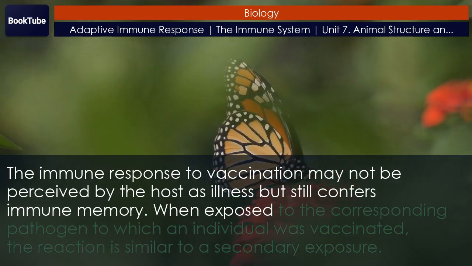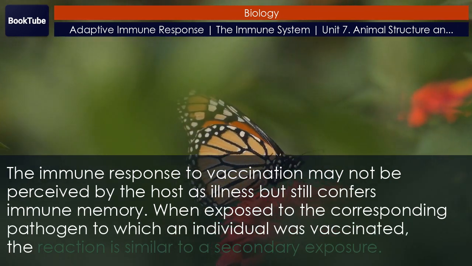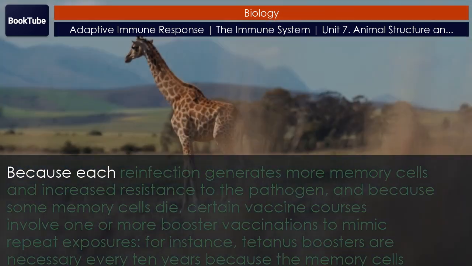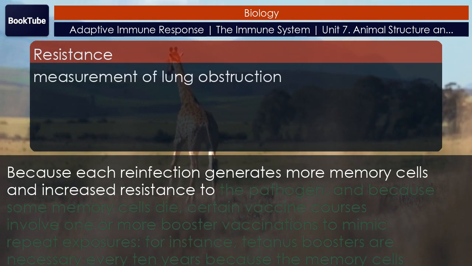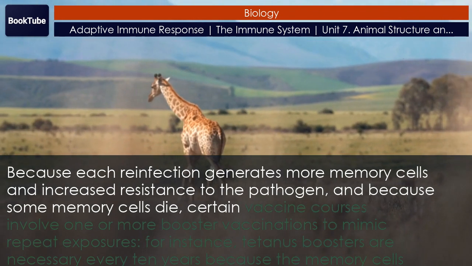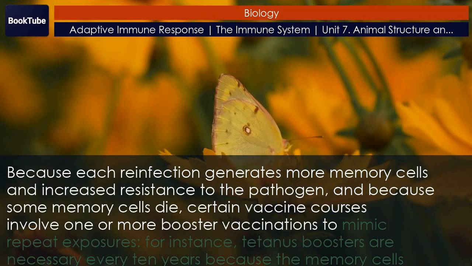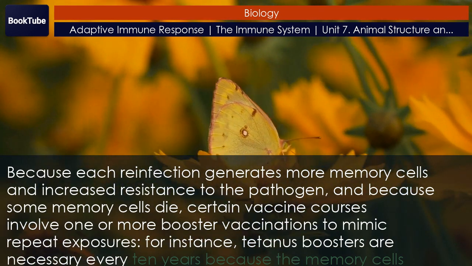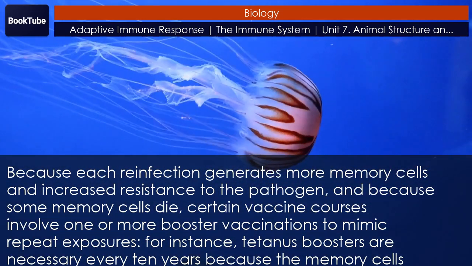When exposed to the corresponding pathogen to which an individual was vaccinated, the reaction is similar to a secondary exposure, because each reinfection generates more memory cells and increased resistance to the pathogen. And because some memory cells die, certain vaccine courses involve one or more booster vaccinations to mimic repeat exposures. For instance, tetanus boosters are necessary every 10 years because the memory cells only live that long.